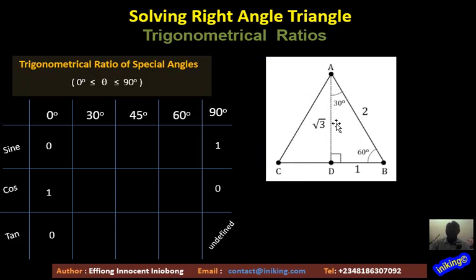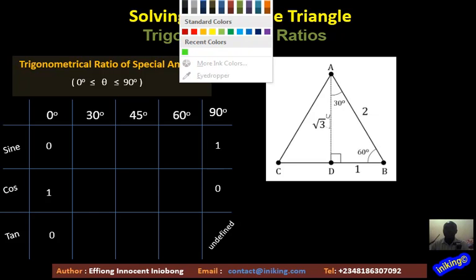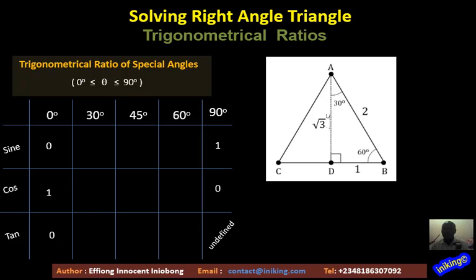That's a perpendicular. How have you obtained this root 3? Let's quickly look at how to get the root 3. If we look at the right angle triangle here, this is Y. 2 is the hypotenuse. And we're looking for this Y. So we agreed that 2 squared will be equal to AD squared plus DB squared.